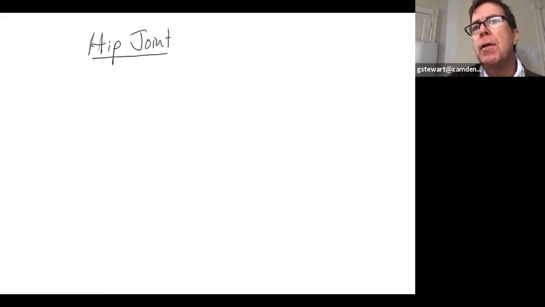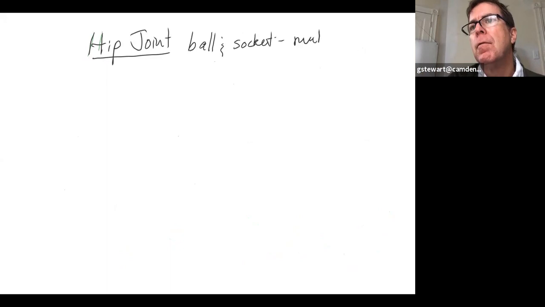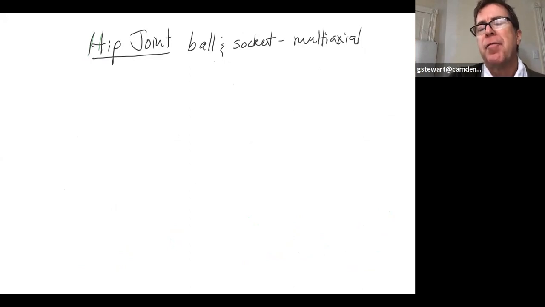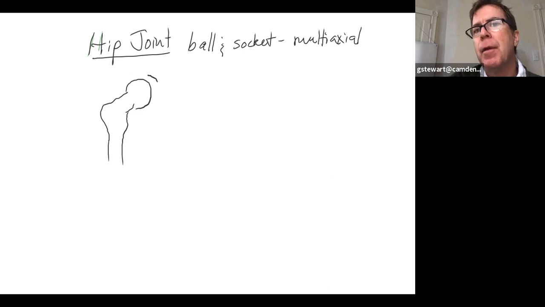This is also ball and socket, so it's multi-axial in movement. You know now that this is made up of the head of the femur articulating with the acetabulum of the pelvis, of pelvic bones.